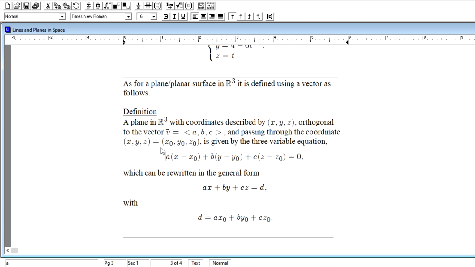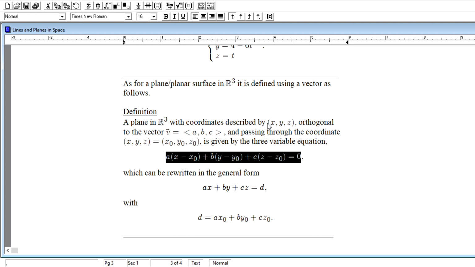You will notice that if you plug x null, y null, z null into those locations for x, y, and z, subtracting x null from x null, y null from y null, and z null from z null will result in 0, times these scalar factors a, b, and c will all add up to 0. And that does equal 0. This is a point on the plane that makes this three-dimensional equation true.